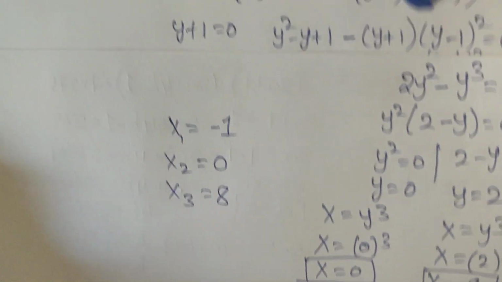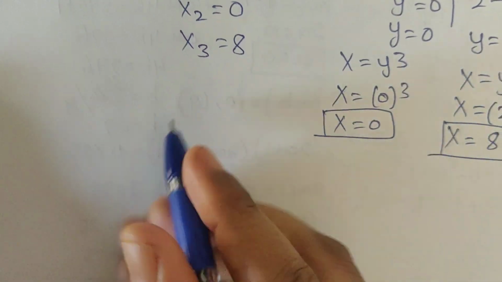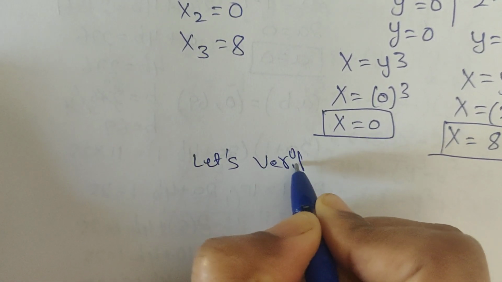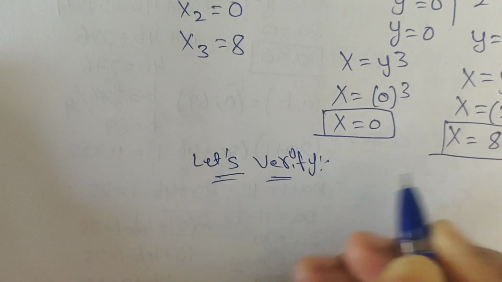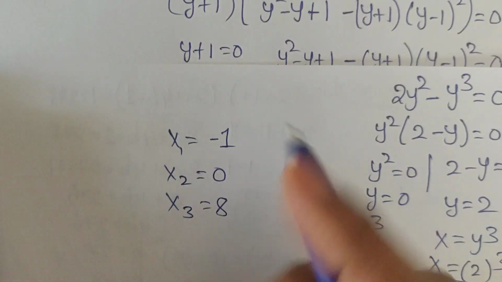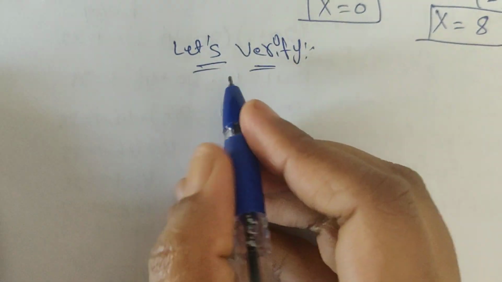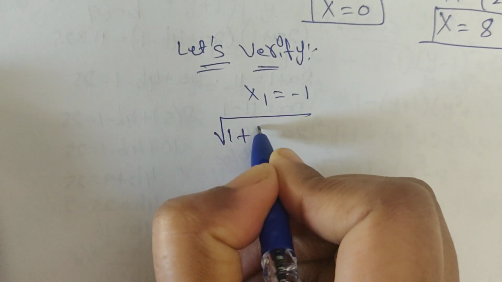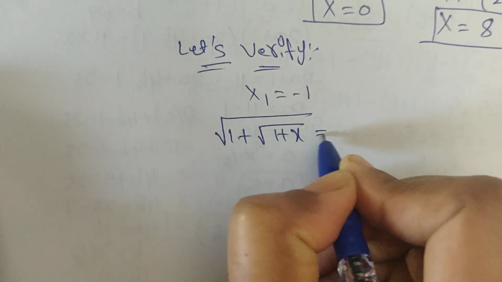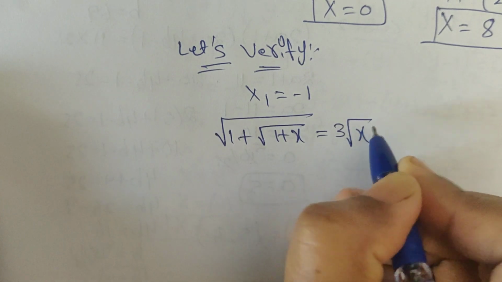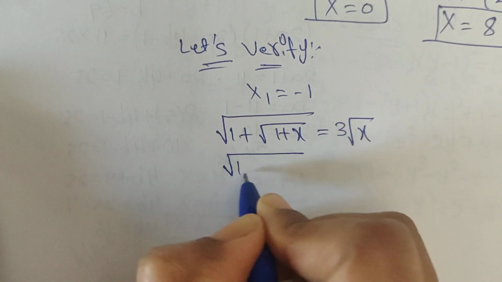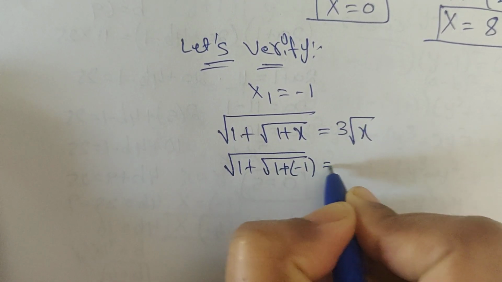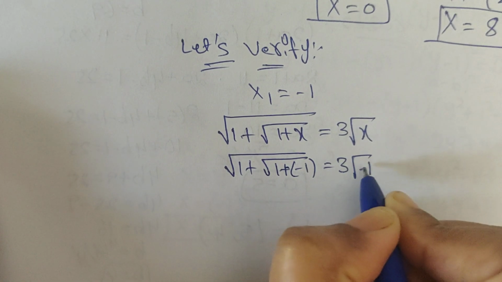So now let's verify. Let's verify with minus 1 first. So x1 equal to minus 1, in the equation square root of 1 plus square root of 1 plus x equals cube root of x. So 1 plus square root of 1 plus minus 1 is equal to cube root of minus 1.